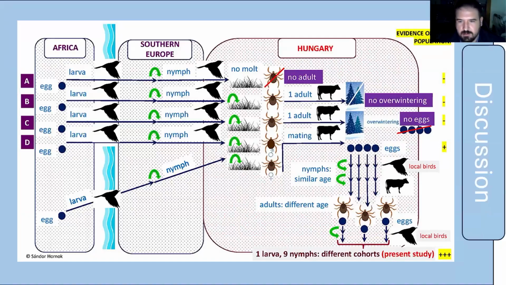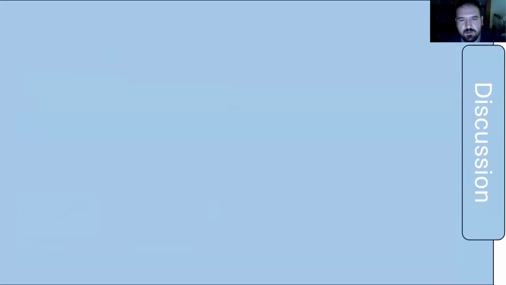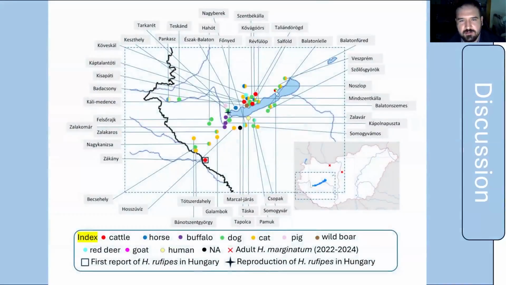Of course, this population needed to be assessed as to whether it can survive Hungarian conditions or not. For that reason, we conducted a large-scale sample collection around the suspected population. The black cross here shows where it happened. Around it, we conducted a lot of sample collections with the help of veterinarians in the area.